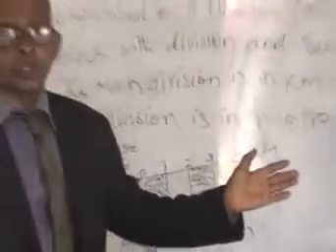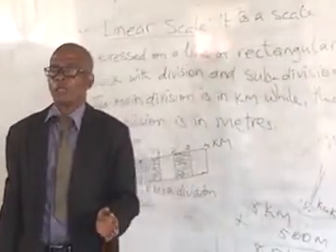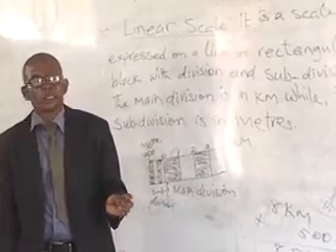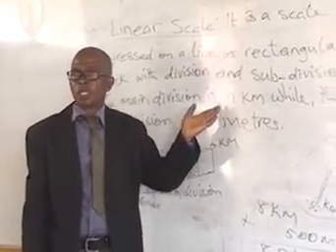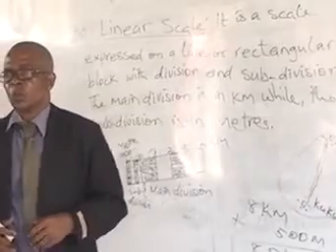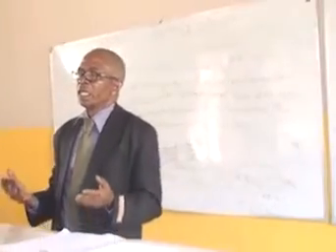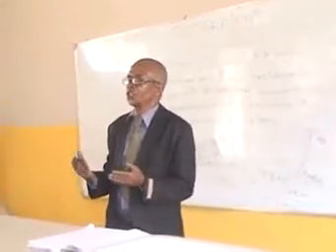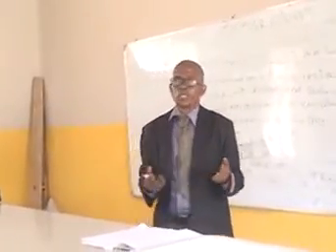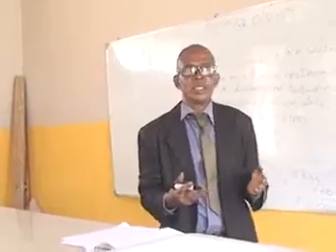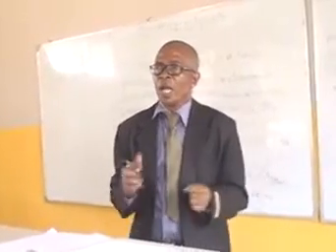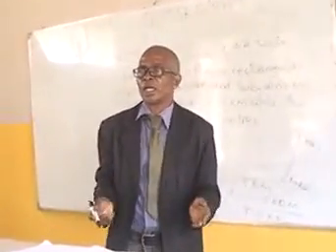To go through what we have just learned, at the beginning, we said a scale shows the relationship between the distance on the map and the actual distance on the ground.